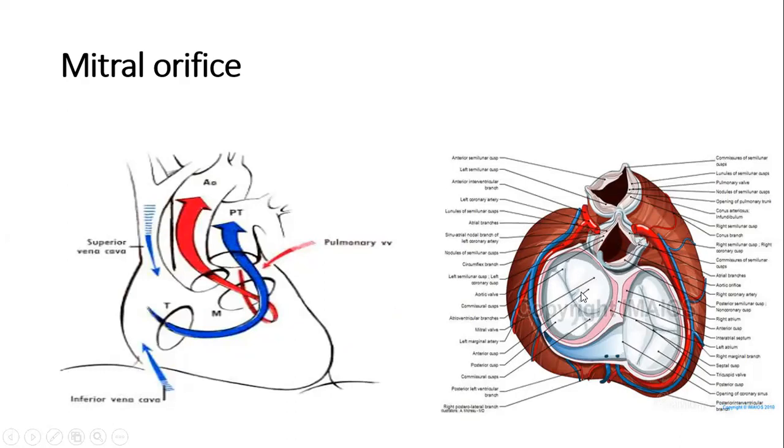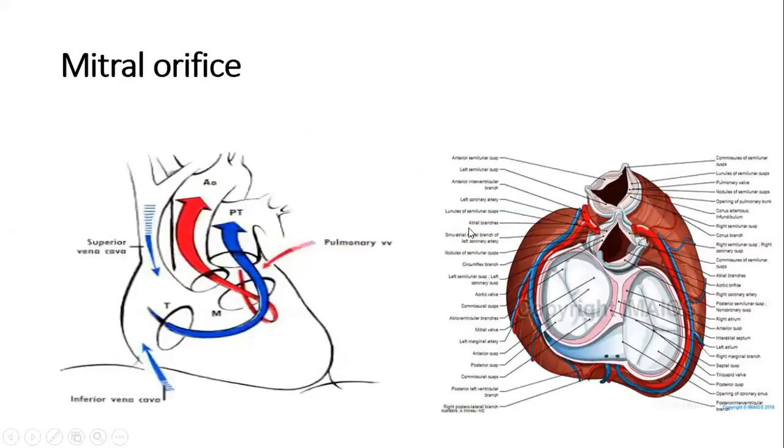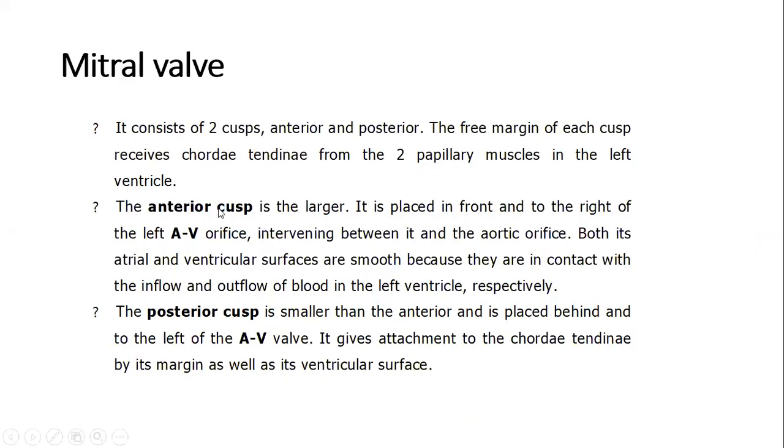The mitral valve is also called bicuspid because there are two cusps. So the mitral valve consists of two cusps, one anterior, one posterior. So it is simple. It is called the bicuspid, or it has a specific name, the mitral valve, because it is more often clinically damaged, so it has a specific name.